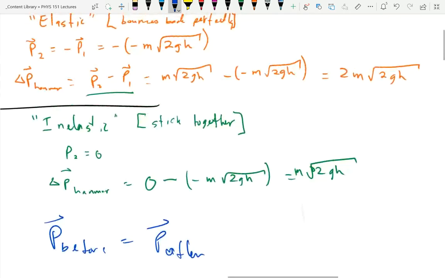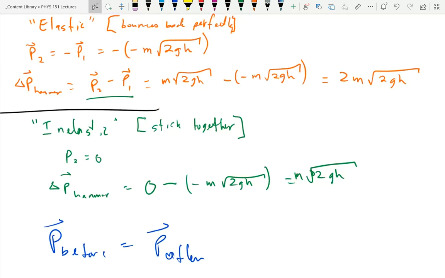And so since the hammer changed by 2m square root 2gh in the first case, then the block had to change by the same amount in the opposite direction. So the block had to have a change of minus 2m square root 2gh for the first case. In the second one, it was only minus m square root 2gh, so half as much change in momentum. And then if you look at kinetic energy, if you have half the speed, how much kinetic energy do you have?